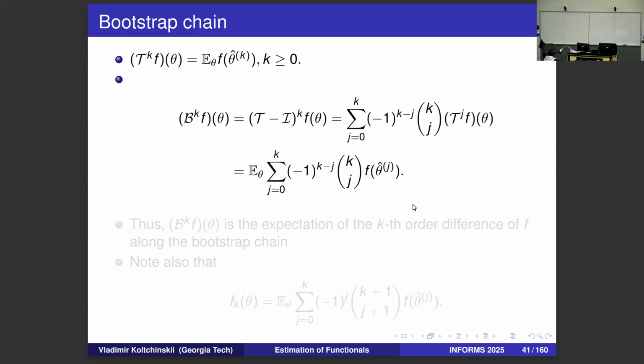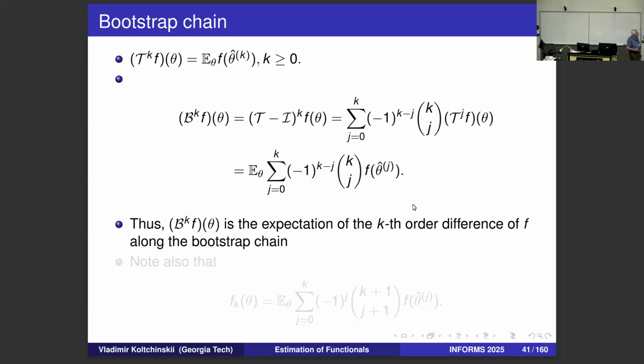And then, because T^j f(theta) can be written as expectation of this guy, we can write it as expectation of this expression, right?